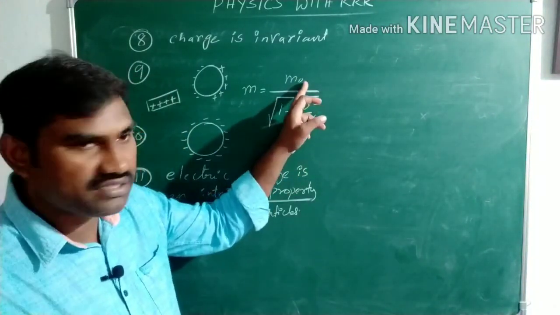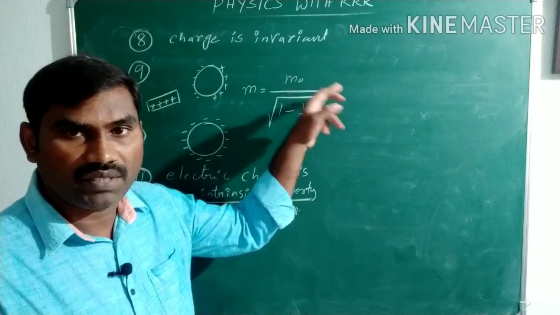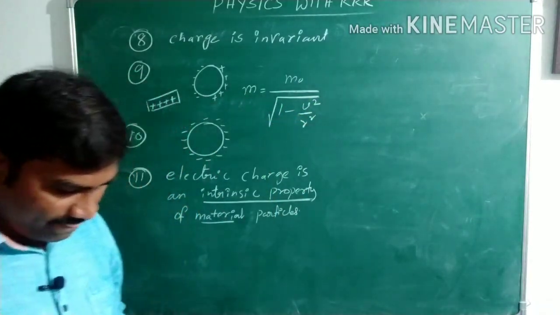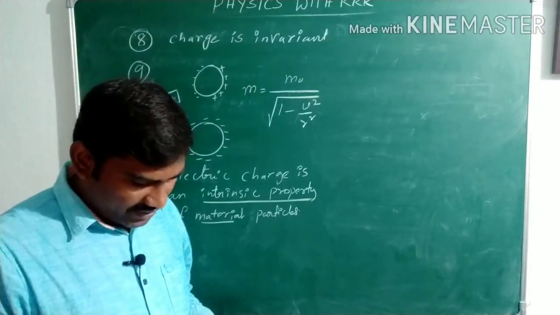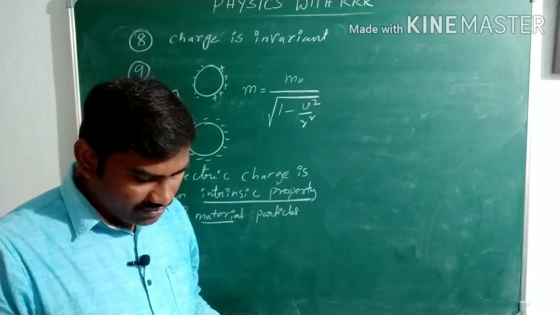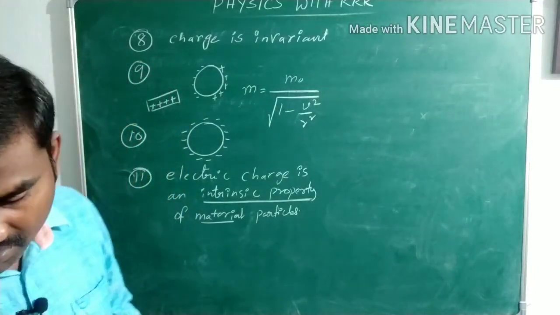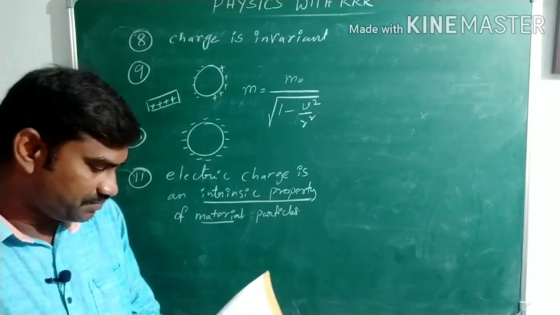Here m naught is the rest mass of the particle and m is the mass along with velocity. Next, charge is conserved, but mass alone may not be conserved. So charge is conserved. That statement is also correct.